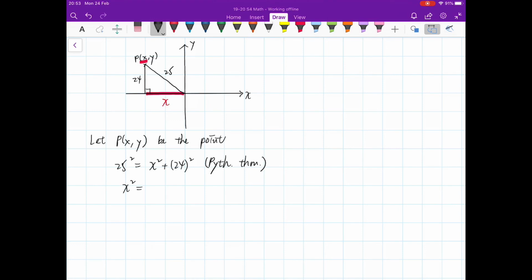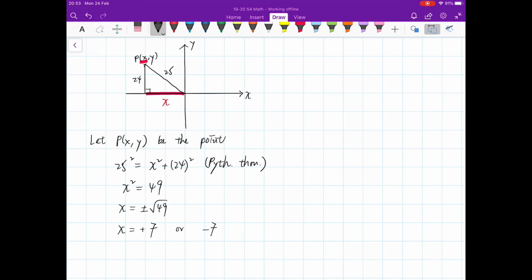So finally, we know that the square of x is equal to 49. So again, when we are taking the square root, we have to write plus or minus in front. After calculating, we know that x is equal to positive 7 or negative 7.